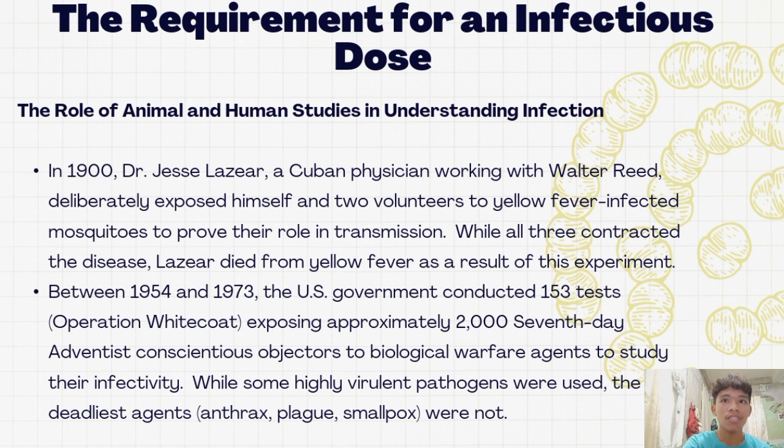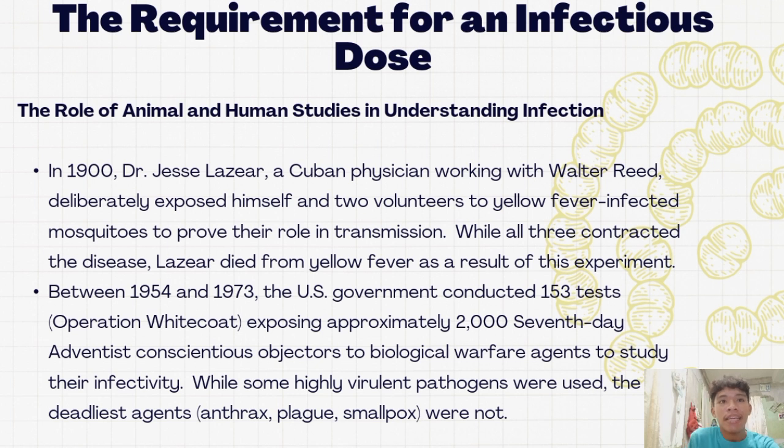While all three contracted the disease, Lazear died from yellow fever as a result of this experiment. So, it describes an experiment in 1900 where a doctor and two volunteers intentionally let themselves be bitten by mosquitoes carrying yellow fever to prove that mosquitoes spread the disease, and one of them died.